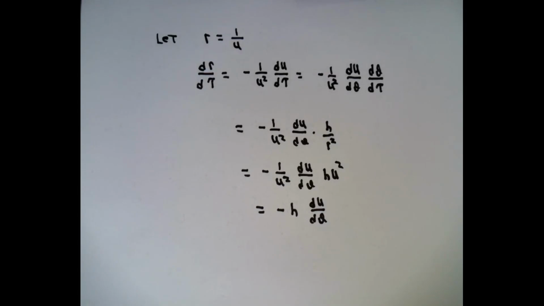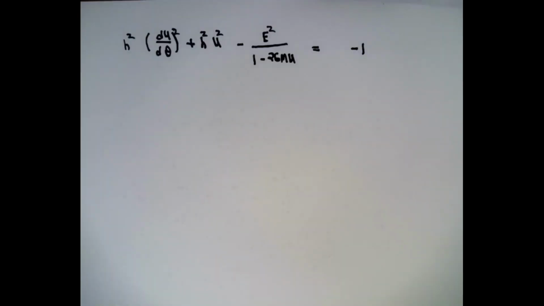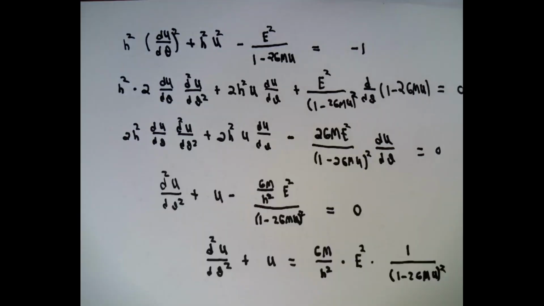The derivative of r with respect to tau is the negative of h times du/d theta. Aside from expressing this term in terms of u, we are in a position that's very similar to what Isaac Newton would do. At this stage, I'm going to differentiate both sides with respect to theta, just as we've done in the past. I'll divide out 2h squared and du/d theta.